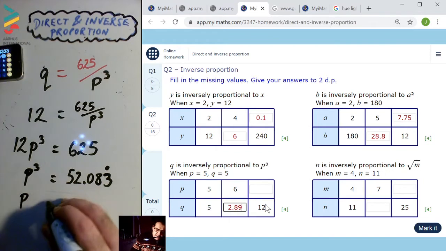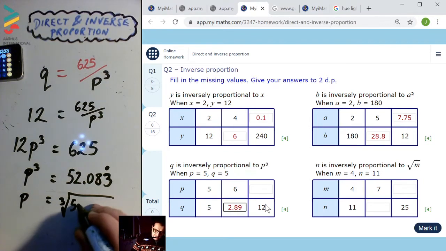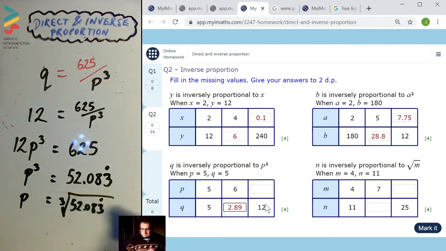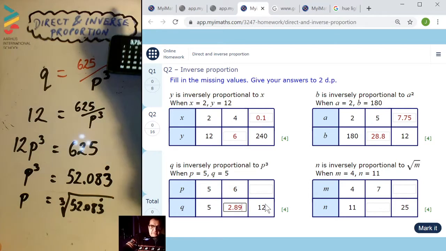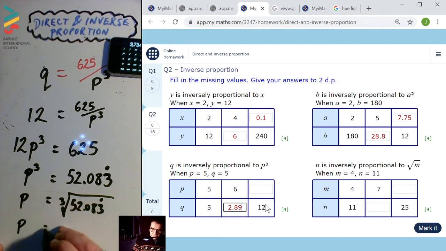And then p has got to be the cube root of that, which luckily is something I can easily do on my calculator. And that comes to, there it is, 3.7345 and some other numbers. So that's 3.73 to 2 decimal places.